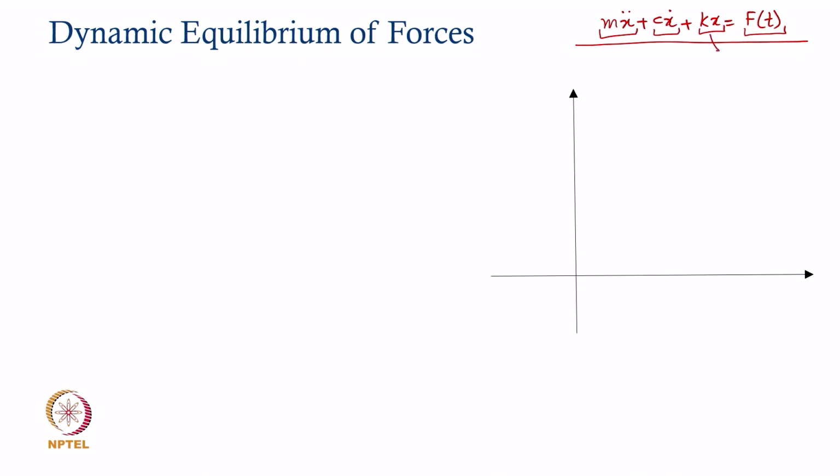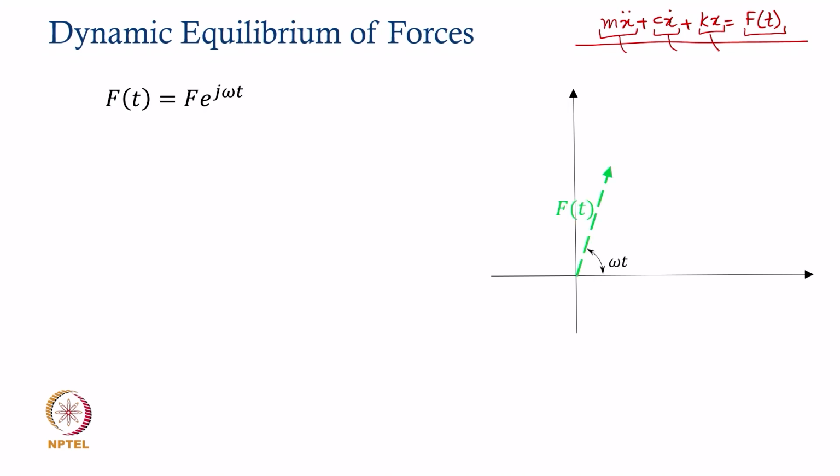This is the restoring force acting on the mass. This is the dissipating force acting on the mass because of the presence of the dashpot or damper, and this is the inertia force, the fictitious force that we know. We have used this for deriving the governing equation by using Newton's second law. So, essentially the elements of this equation are all forces, and the governing equation is essentially an equilibrium between all these forces.